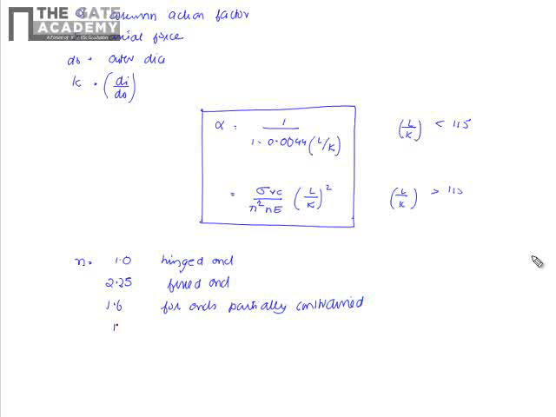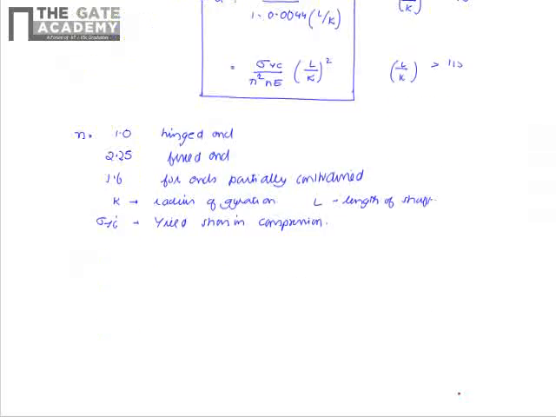And k is the radius of gyration, and L is the length of the shaft, and sigma yc is the yield stress in compression. So these are the different parameters coming in the above equation. Now that is about the axial stresses. Now we will see the stresses due to the torsional loads.